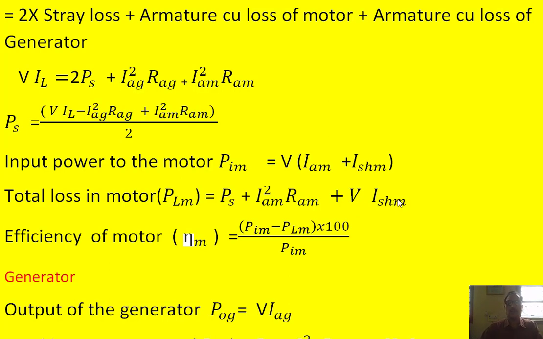So field copper loss of the motor we can write as V into ISHM. V is the applied voltage across the shunt field winding of the motor, and ISHM is the current drawn by the field winding of the motor, and this IAM square RAM is nothing but armature copper loss of the motor, and PS is the stray loss of the motor or each machine.